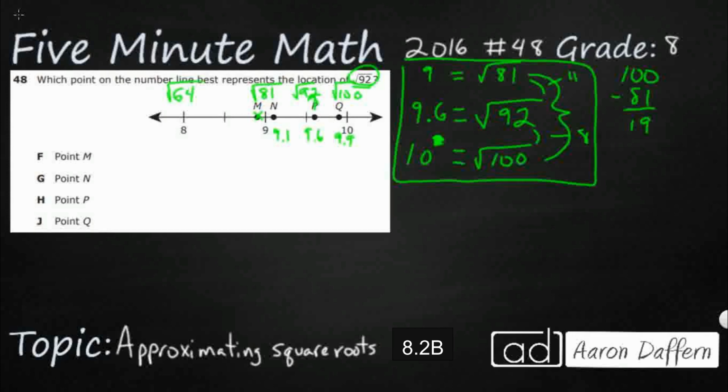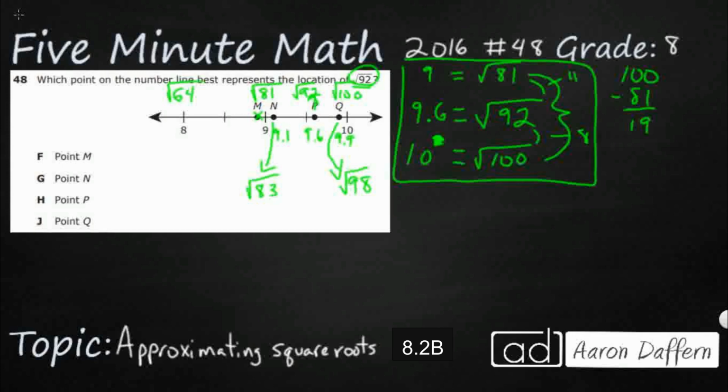This Q probably looks closer to like the square root of 98, if I'm guessing. It's really close to the 10, which is the square root of 100. And this N, I'm guessing, is more like the square root of 82 or maybe 83, because it's right past that 9.